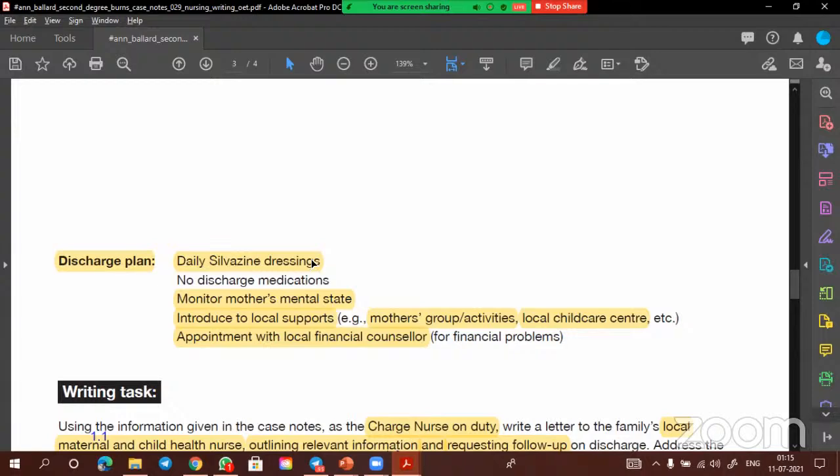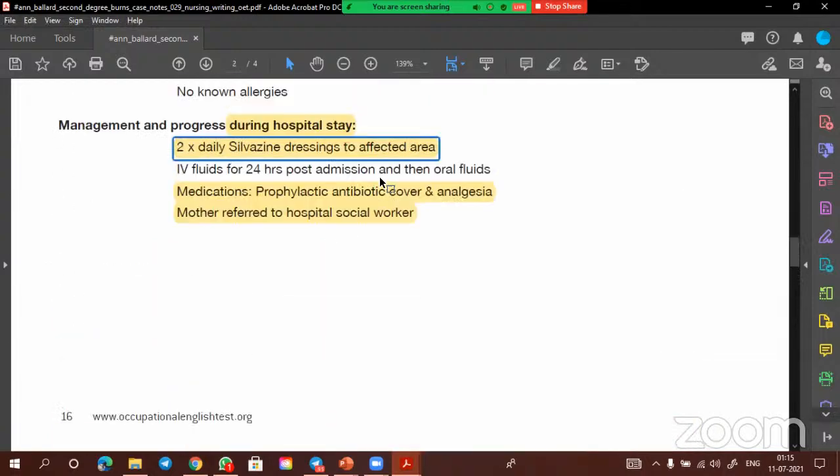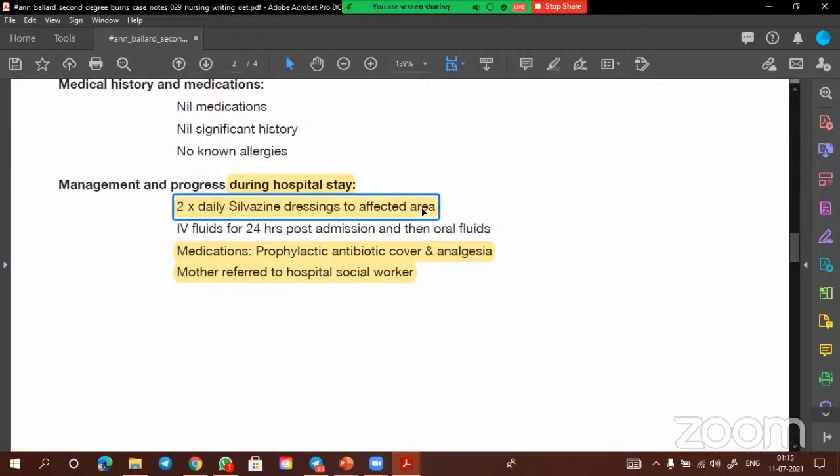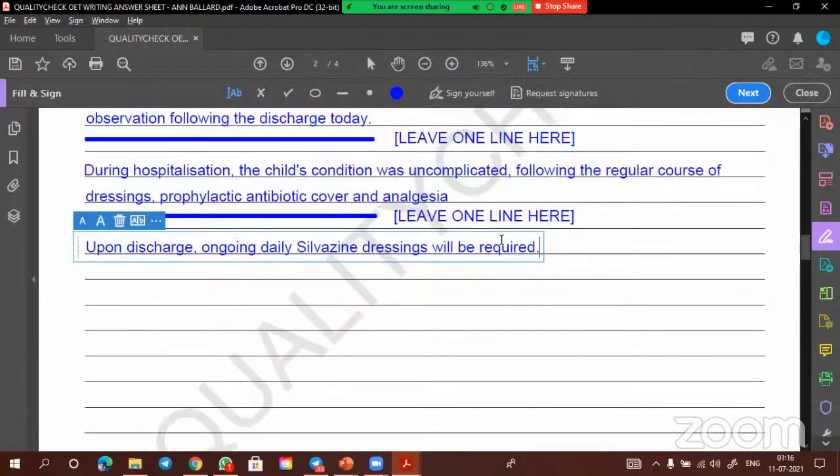Okay. So to the affected area, this two. The affected area. Area is a body part. The affected body parts. So to the affected area. So you can write daily Silverzine dressings. Where will you write? Okay, daily Silverzine dressings to the affected area. Here you will write affected area will be required. Okay. Or daily dressings will be required to the affected area.